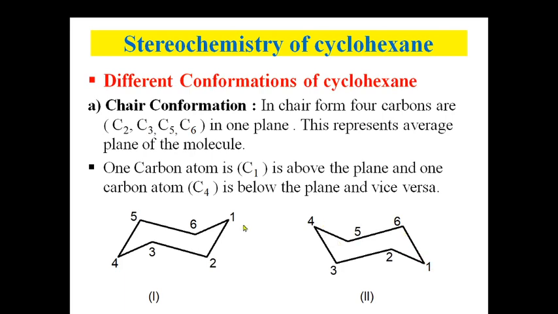So both possibilities will be there. The average plane, 2, 3, 5, 6, is the same; only carbon number 1 sometimes may be on the upper side or on the lower side. Similarly for carbon number 4. So this is the chair conformation.